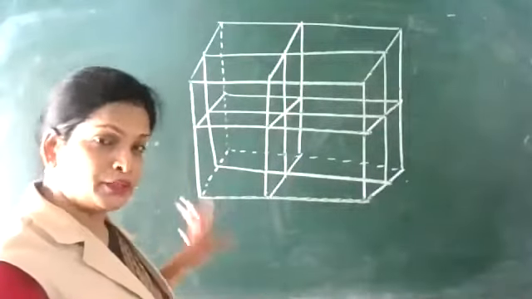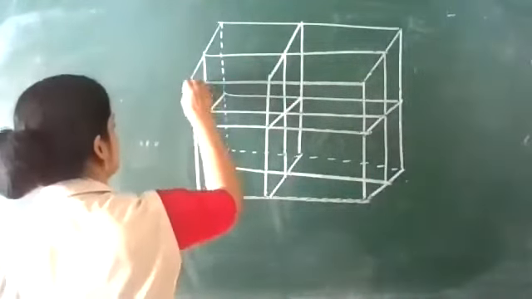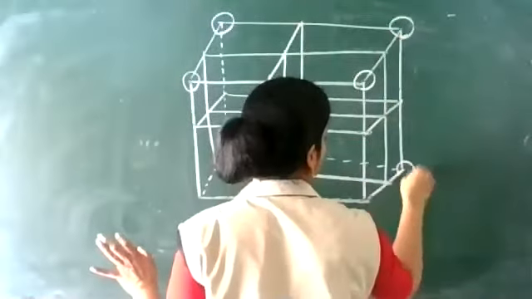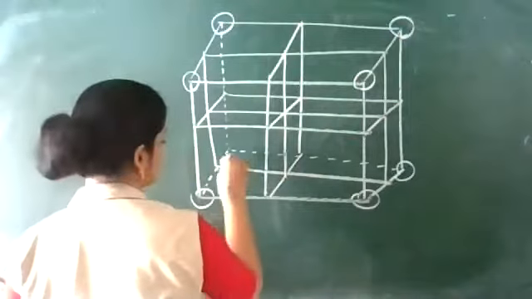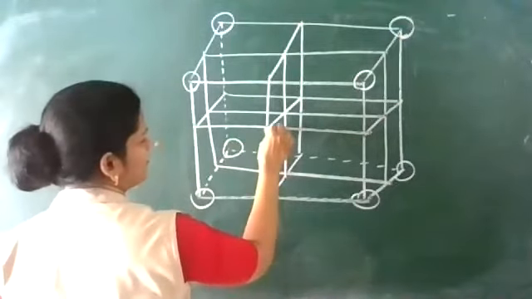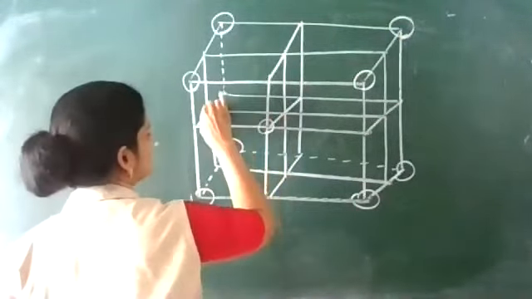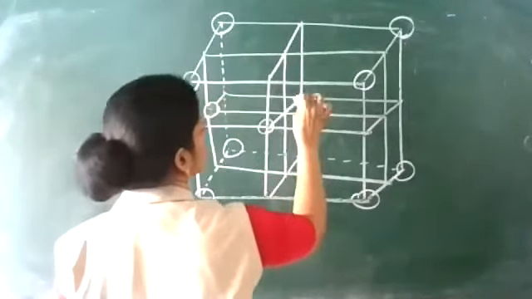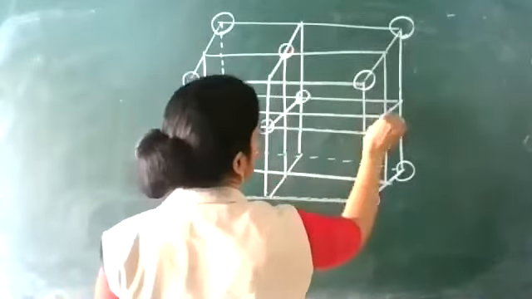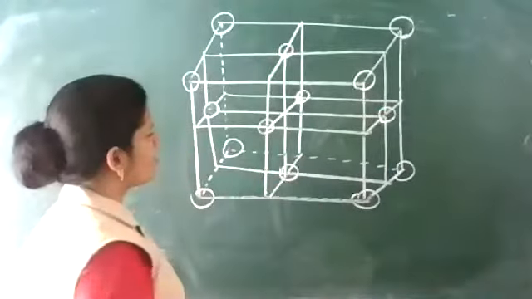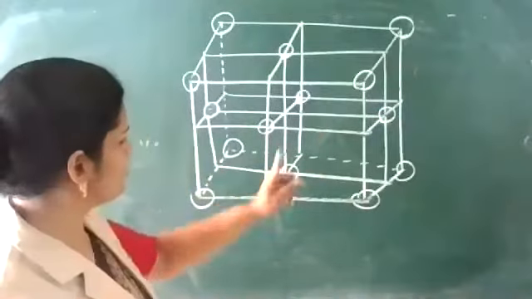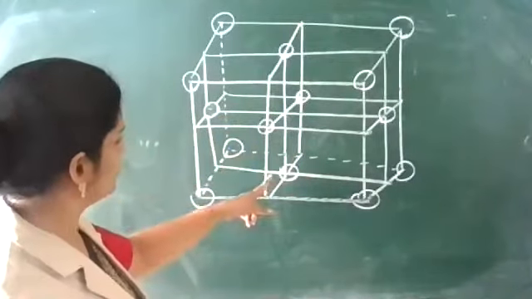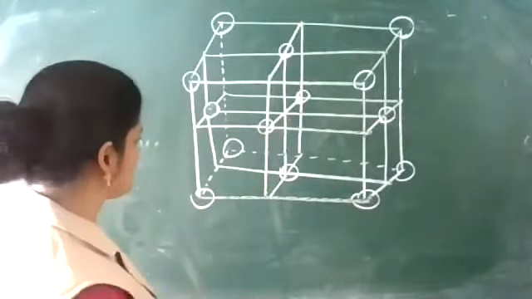This is a unit cell. Called the corner atoms. Then face centers. Called face centers 1, 2, 3, 4, 5, 1, 2, 3, 4, 5, 6. All right.